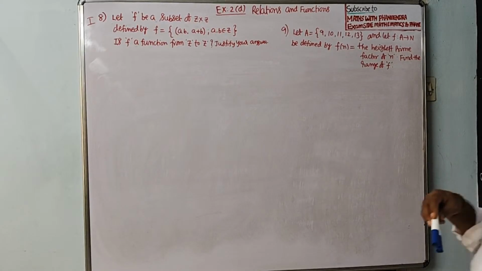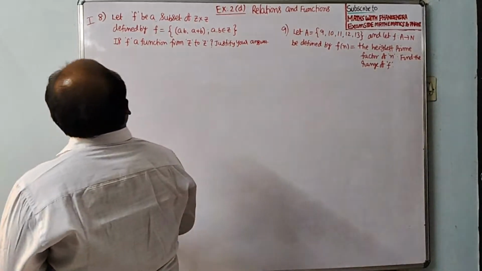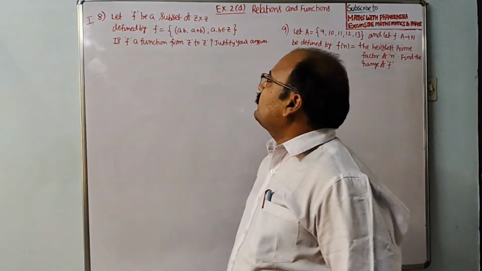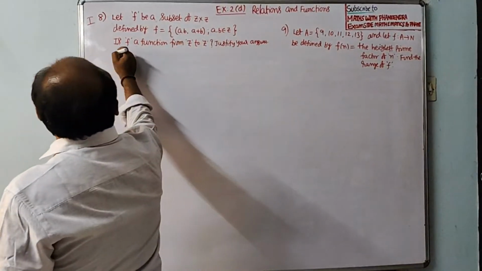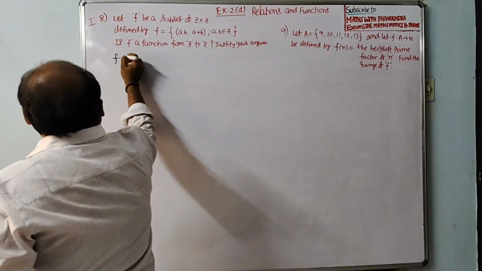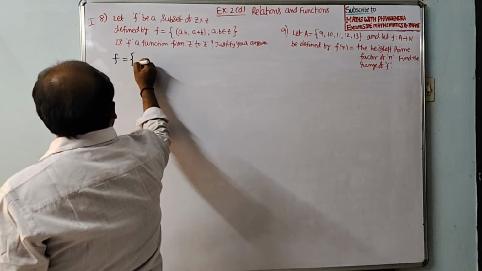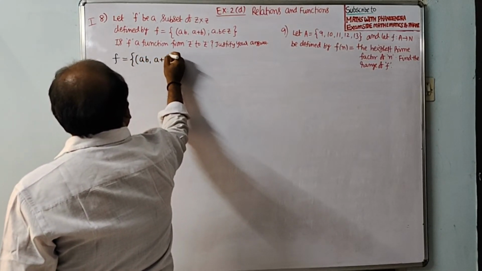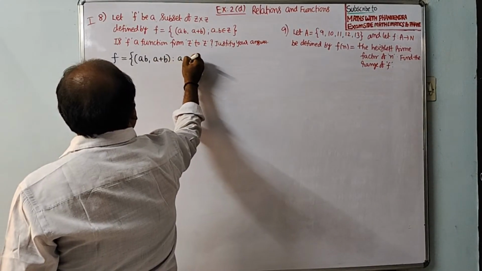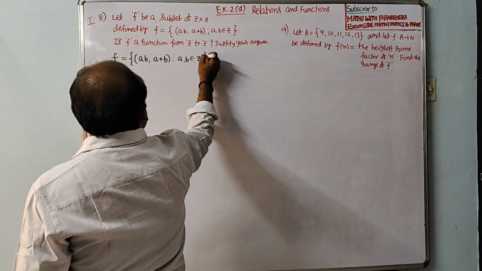Here, let F be a subset of Z cross Z defined by F. So, the relation is given: F is equal to the ordered pairs (AB, A plus B) such that A, B belong to Z.